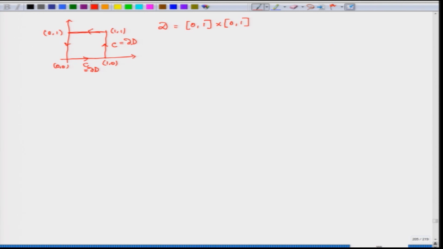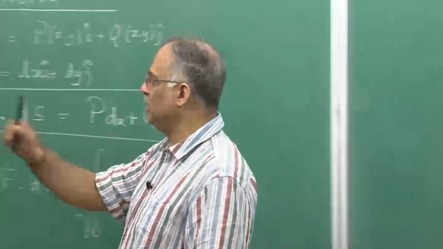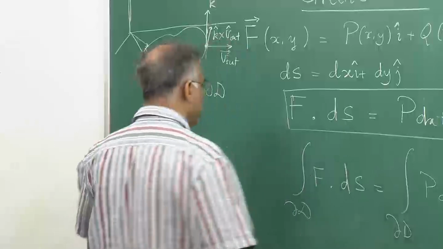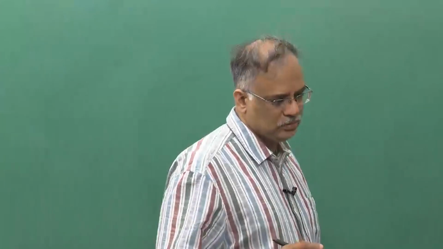When I am traversing, I am starting from one point and coming back to the same point, that is the meaning of the boundary of D, that you take a complete round of the boundary. You start from one point and come back to that point.